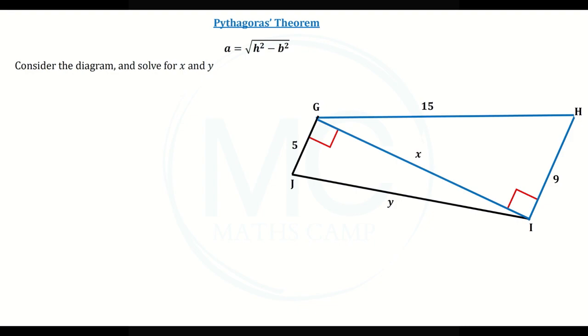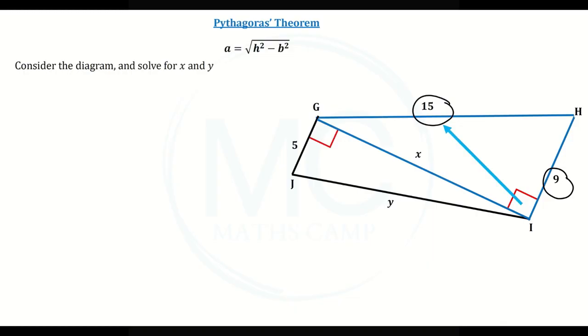I is the 90-degree angle, and the side GH lies directly across from it, which means that in this triangle, GH is the hypotenuse with a length of 15 units. We also have side HI with a length of 9 units, and we can use these known sides to find the value of x. We have the hypotenuse, and we have one known side.